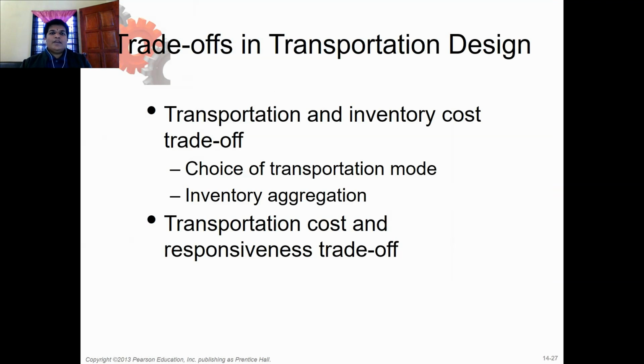Okay. Trade-off in transportation design. Okay, transportation and inventory cost trade-off. So that's why I said nature of the product is important. How fast you respond to the customer order is important. So to make those choices, we have to do our trade-off. Okay. So choices of transportation mode and inventory aggregation will be the two main elements when we talk about trade-off.